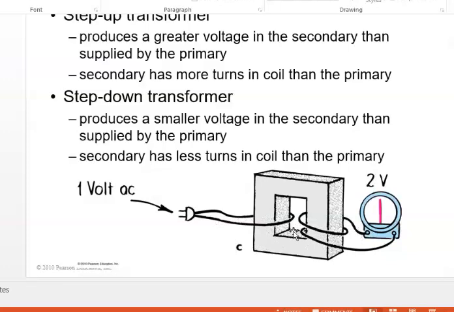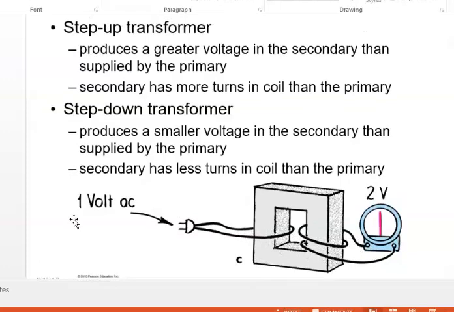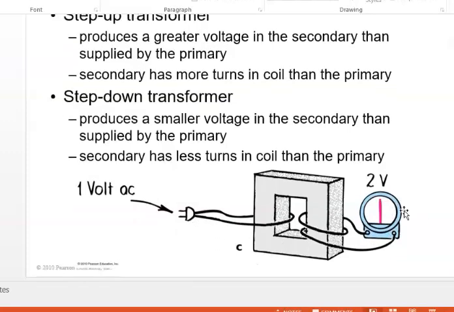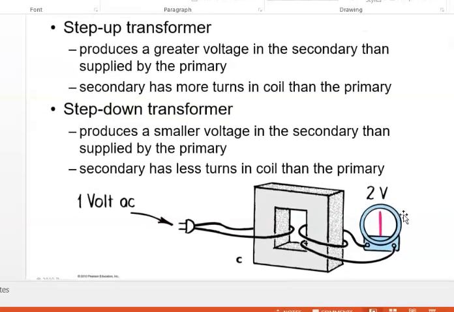So such a transformer will be a step up transformer, because we give 1 volt input and we get 2 volt output. So less voltage is supplied into the input terminal and high voltage is obtained at the output terminal. So this is the step up transformer.